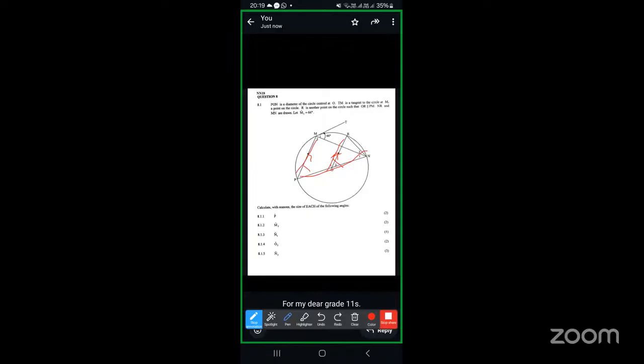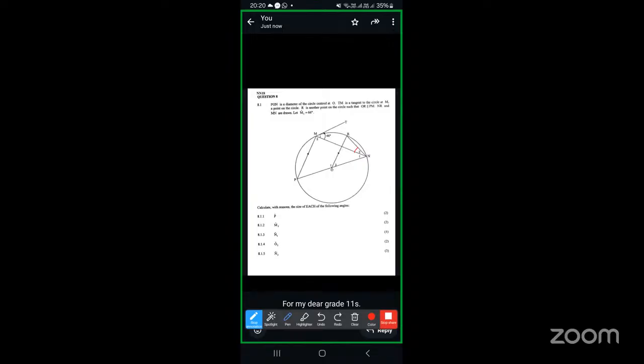Then we can go to the last one now, whereby we are required to calculate the size of angle N2. Where is N2? Oh, right there it is, N2. So angle N2, this is a bit complicated, but simple for you guys as mathematicians. So we want that angle right there.